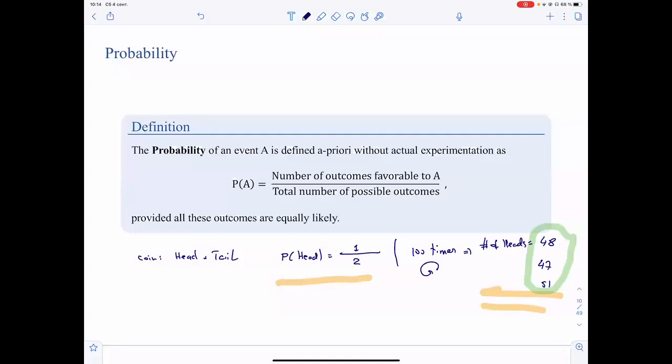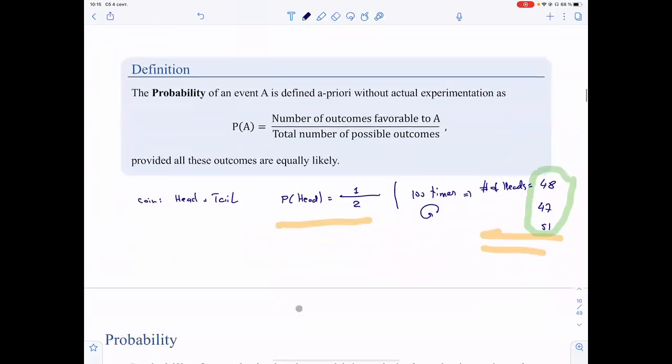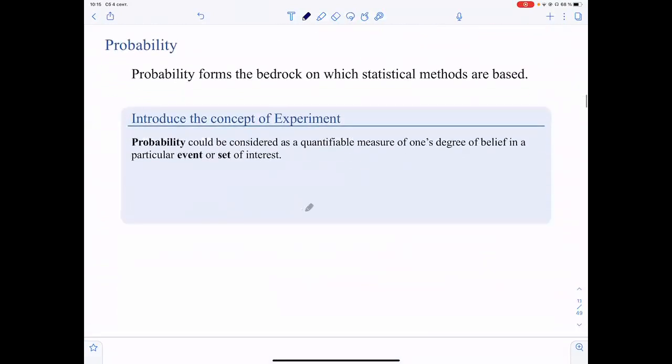And the reason for the difference is actually the main area we are going to focus on for the next 3 or 4 weeks. Here I should start with the concept of experiment.